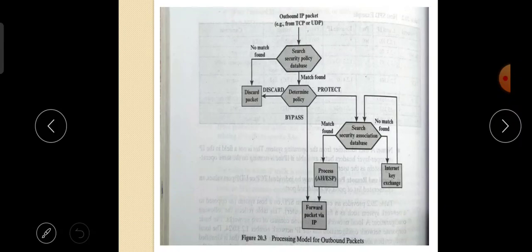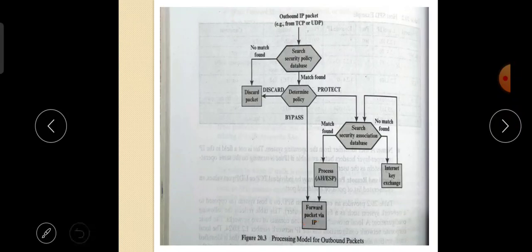And if the policy is bypass, then there is no further IP processing. The packet is forwarded into the network for transmission. That is, it is directly forwarded to the network.